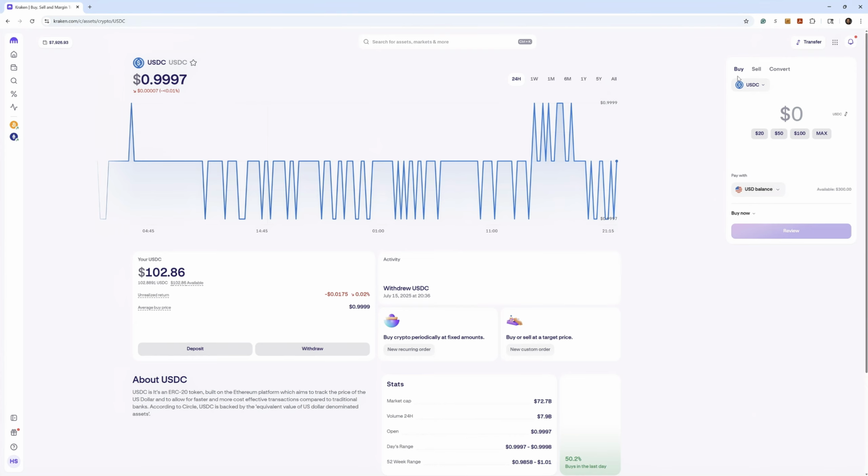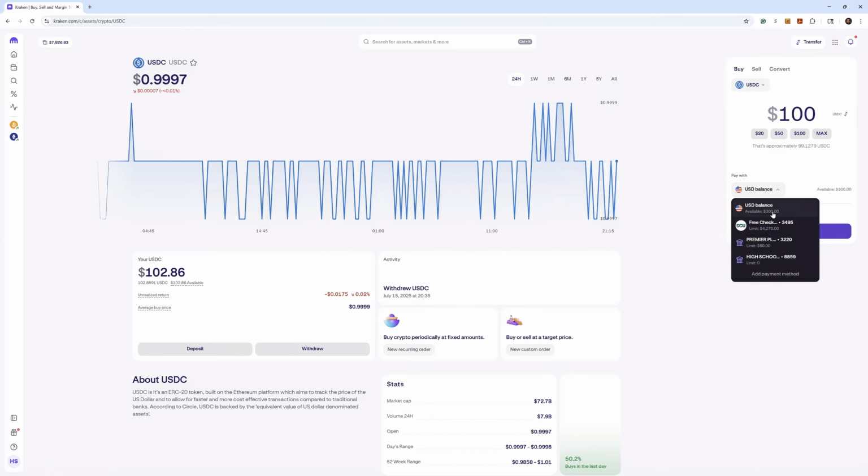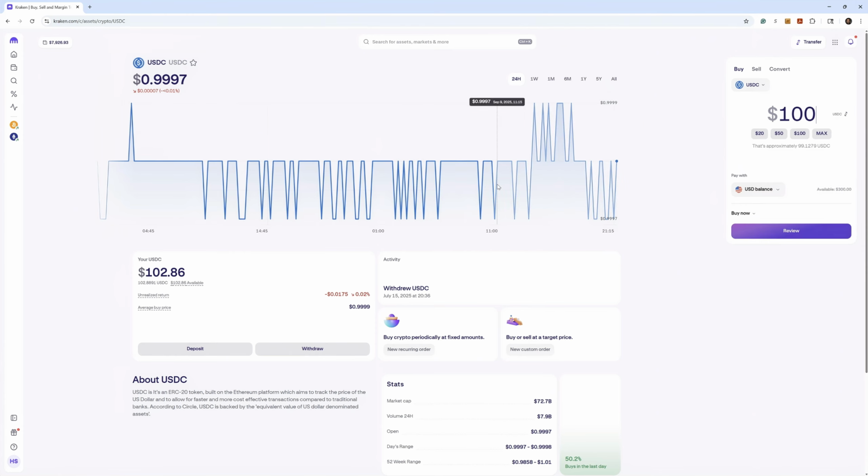So I can select the buy here, and I can choose the amount I want. Let's say I want to buy $100, and then I can just use the USD. This is basically using the $300 money that I put in, right? I just use the US dollar which I just put in, and then I can buy it.